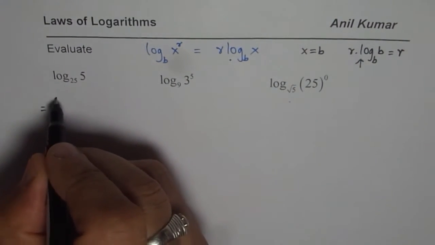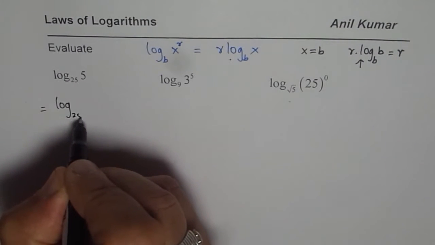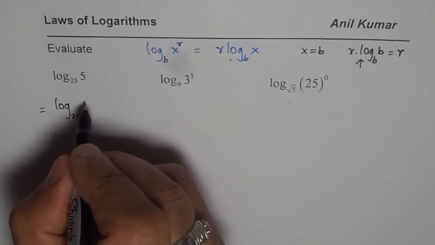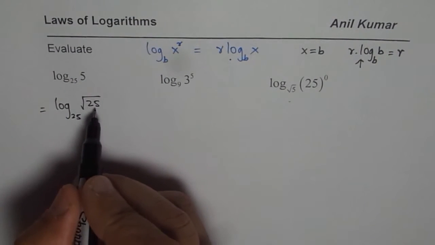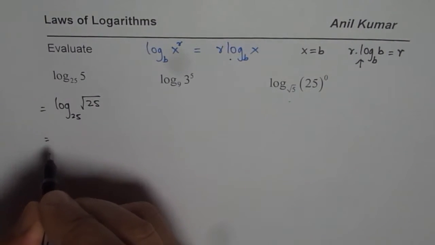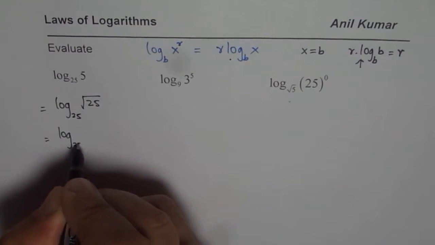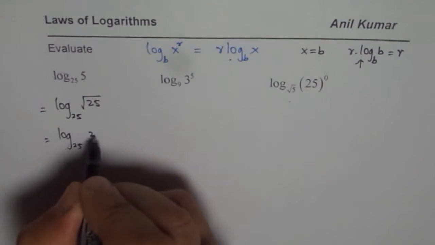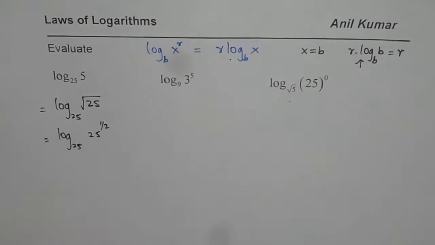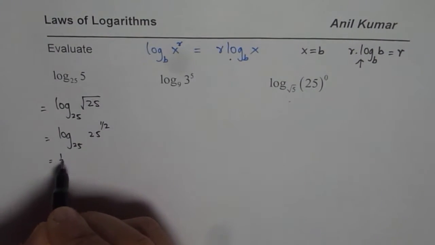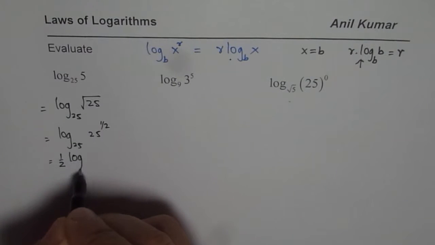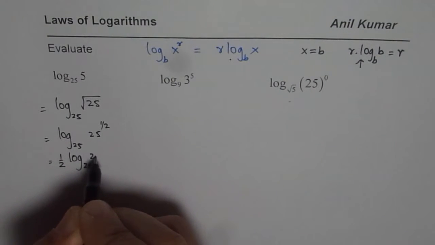So we could write this as log to the base 25, and 5 could be written as the square root of 25, correct? Square root of 25 is 5, which is log to the base 25 of 25 to the power of half. Now applying this rule, we get half times log to the base 25 of 25.